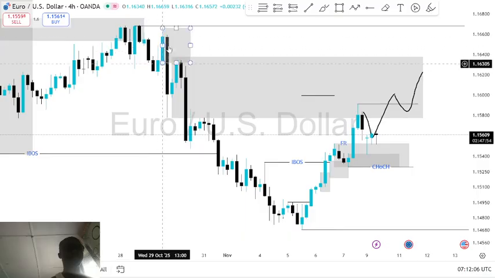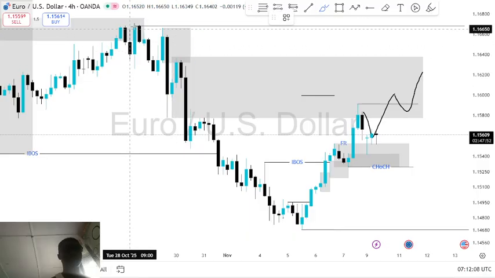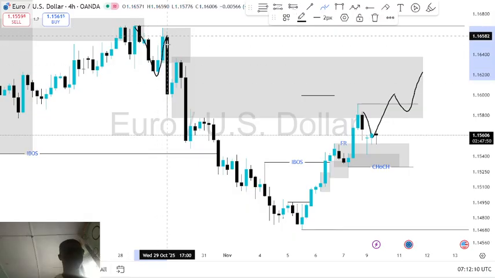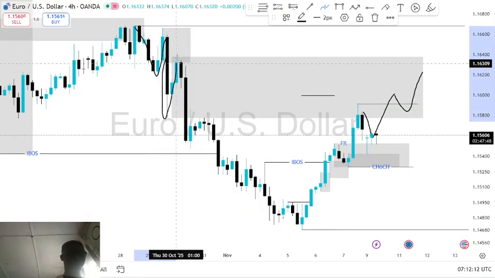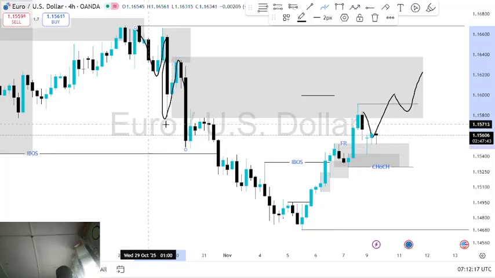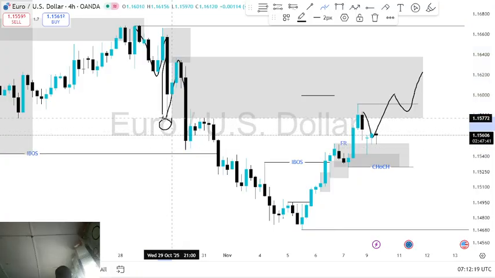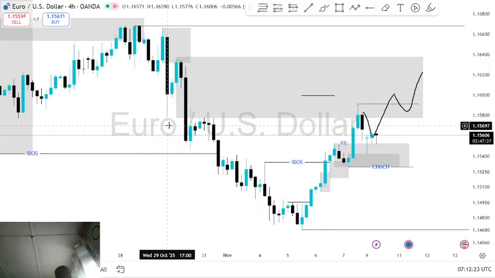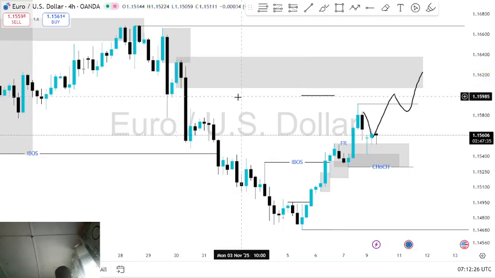Price moved impulsively. We moved impulsively to the upside, impulsively to the downside, impulsively again to the upside and impulsively to the downside. So the last buy to sell candle.